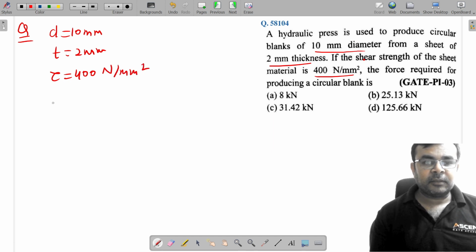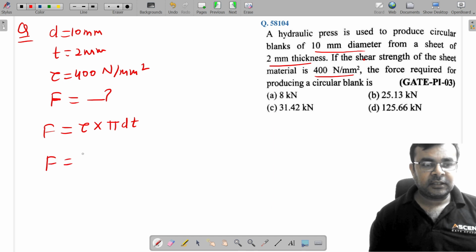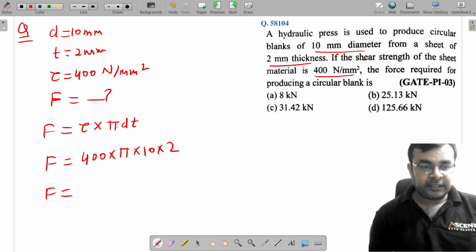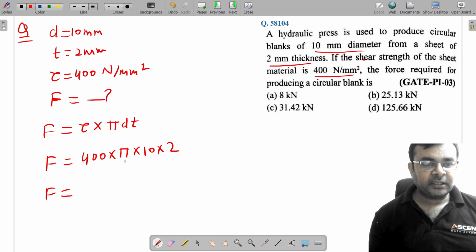The force required for producing a circular blank. So actually we need to calculate this force. The force is nothing but shear strength into pi dt. Is it clear? So the tau is 400, pi diameter is 10 and thickness is 2. If I calculate this value, how much do we get? And we need to represent this value in kilonewton, so simply if we divide by 1000, then we get kilonewton.